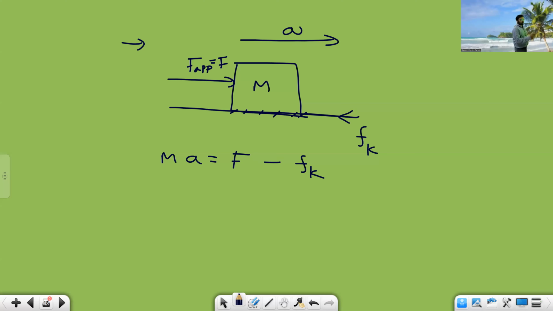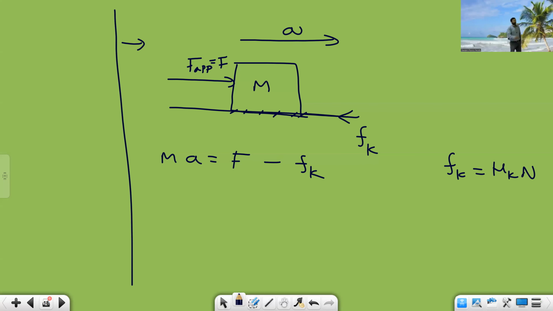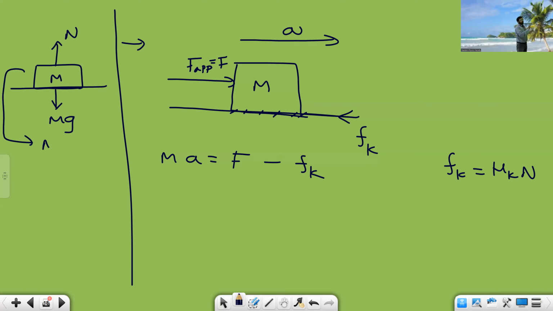So I know that the frictional force is nothing but mu k into N. We have to remember one point when we are doing the friction chapter: suppose the body is lying on a horizontal surface, normal reaction is nothing but weight. So for a body on a horizontal surface, N is equal to mg.